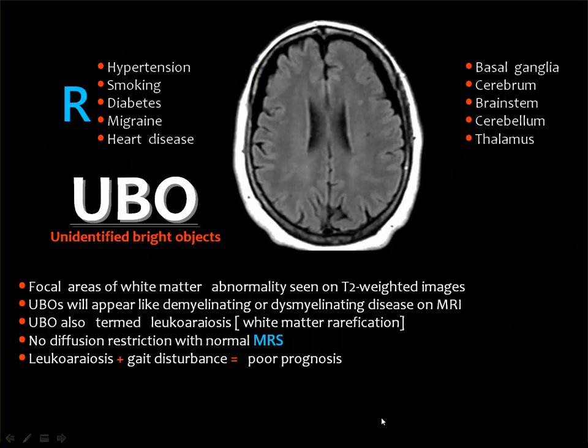Then we came to a major problem in the current days. Many of you, whenever interpreting MRI images of the brain, identify a lesion like this one, and the patient is not complaining of anything.